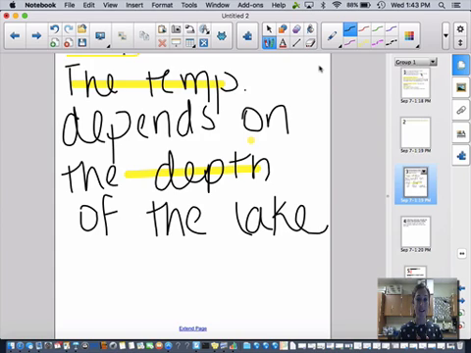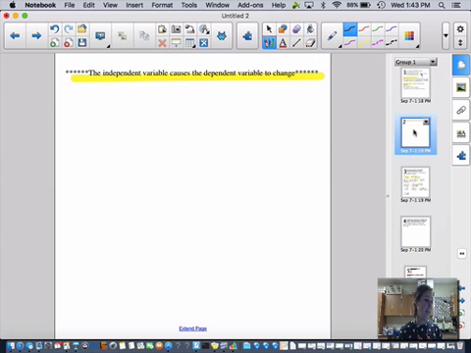So the independent variable, again, looking back at this statement, the independent causes the dependent variable to change.